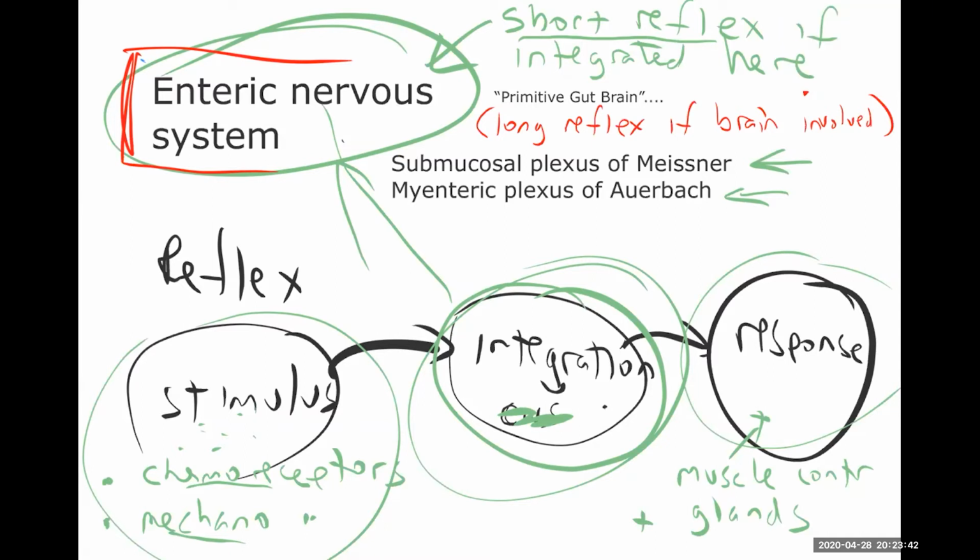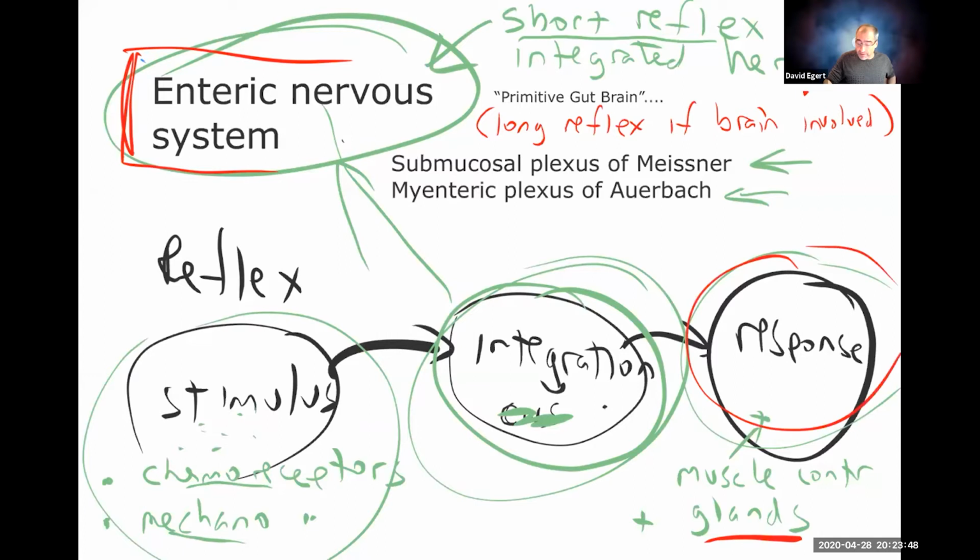Okay, thank you. So glands, we're saying the response can be gland secreting. That's pretty straightforward. A gland secretes saliva pouring into your mouth, or pancreatic enzymes pouring into your intestine. For the muscle contraction, there are two basic types of muscle contraction that you get in the walls of this GI tract.